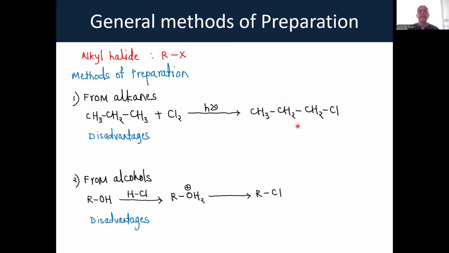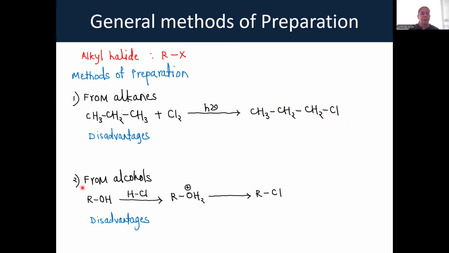But this reaction does not exclusively give one single product. There are several disadvantages of this reaction, which include, in case of propane, formation of 1-chloropropane, formation of 2-chloropropane, and multiple chlorinated products of propane.